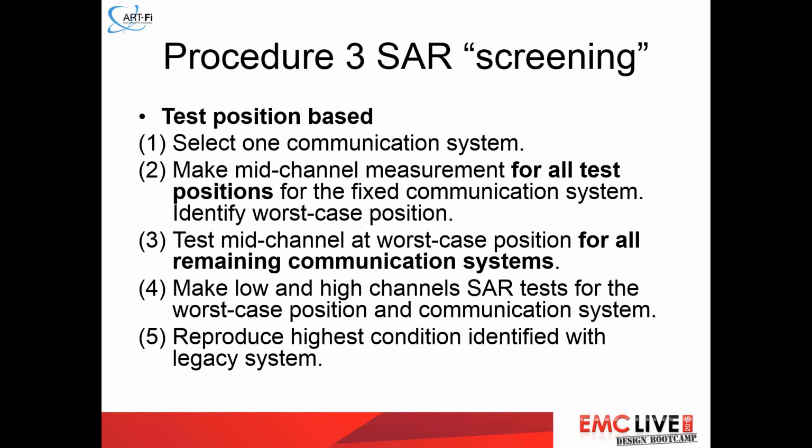After that, test middle channel at the worst case position for all the remaining communication systems. Finally, when identifying the worst case position and communication system, you make low and high channel SAR tests in this case. And you can again reproduce the highest condition identified with the legacy system. So that's basically another way to save a lot of conditions.